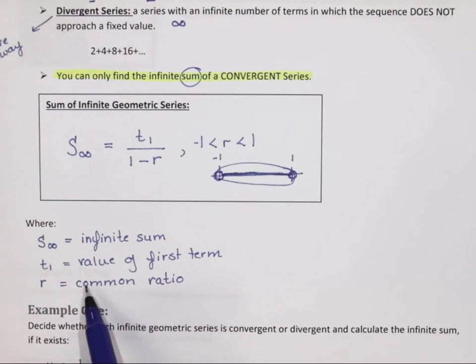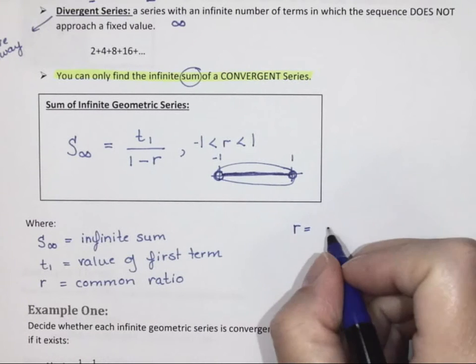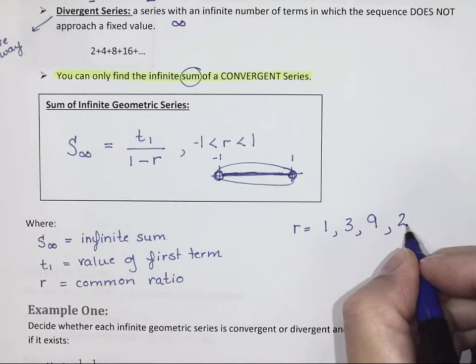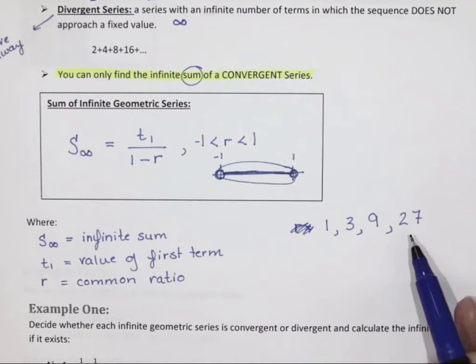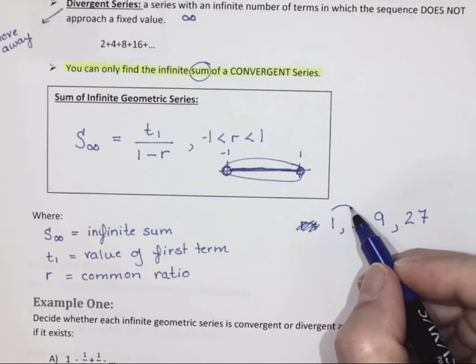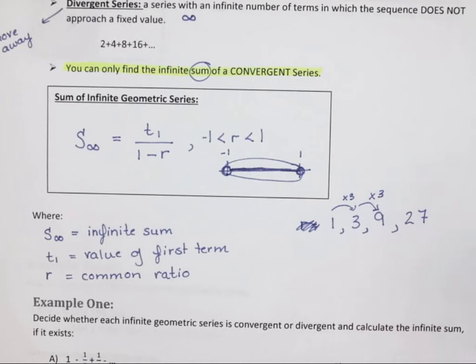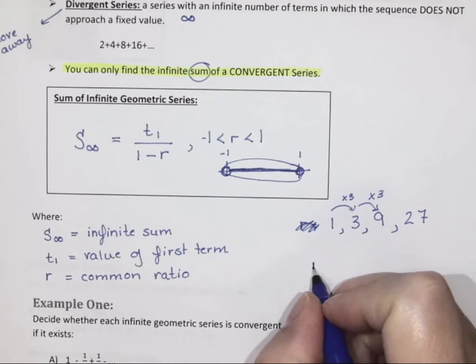So if I have 1, 3, 9, 27, or sorry, that's not your common ratio. If my series went like this, it's pretty obvious that I'm multiplying by 3, so my common ratio would be 3. But if it doesn't jump off the page at you, I always encourage you to do the math.